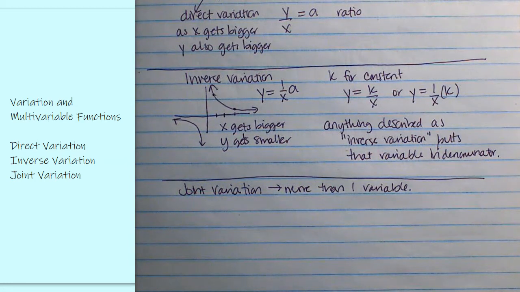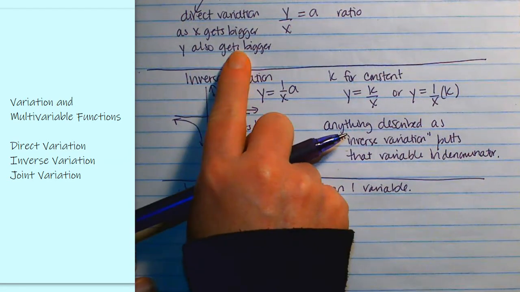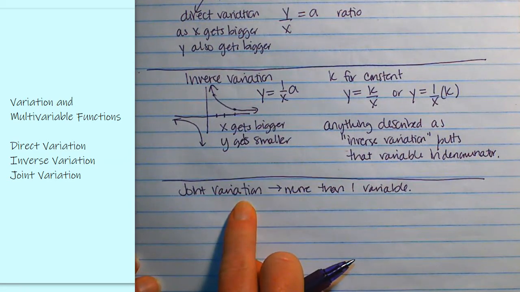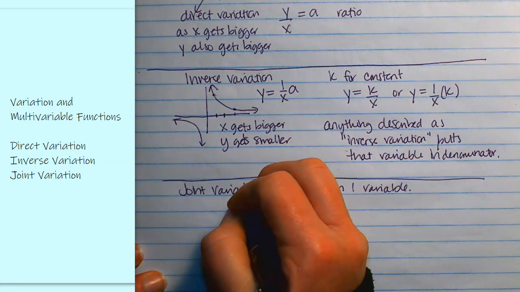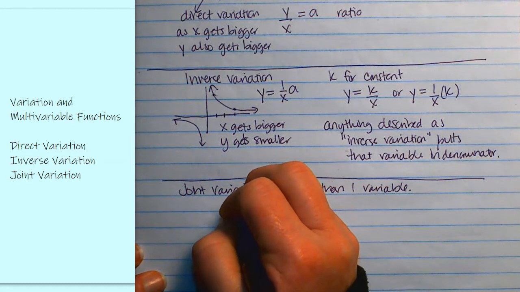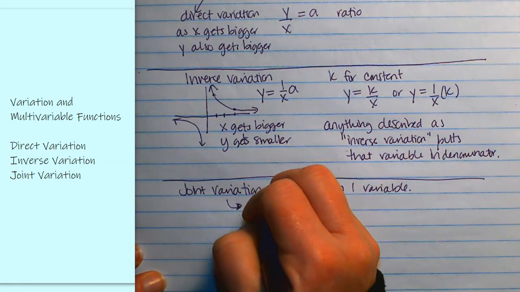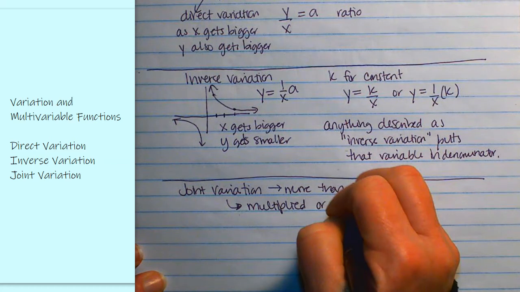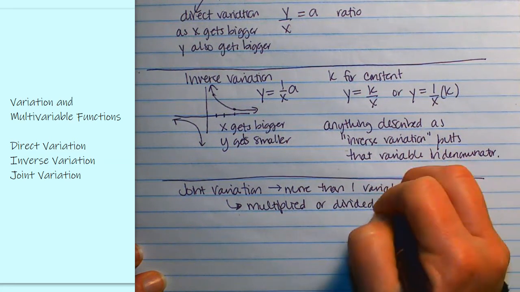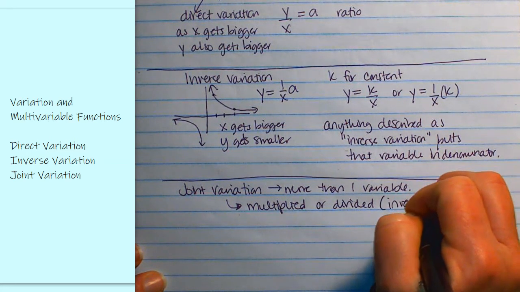So joint variation, inverse variation, and direct variation are all going to be given to you in words, and you're going to translate it into math so you can figure out that k for constant. Note that all three flavors are some sort of multiplication or division. So joint variation is going to be more than one variable multiplied or divided. And the only time it's divided is if it says inverse.